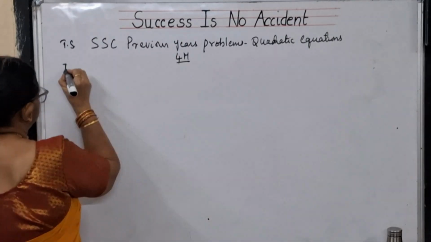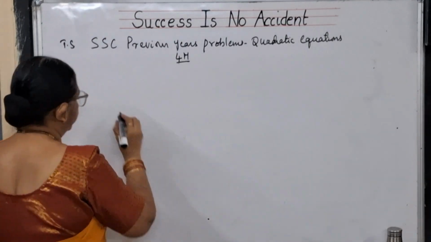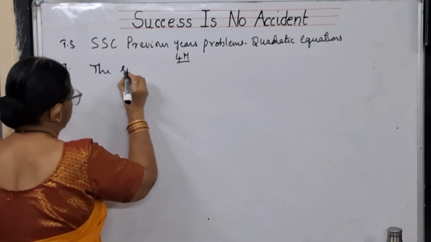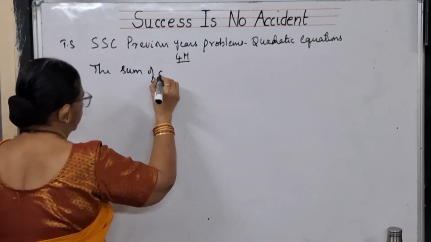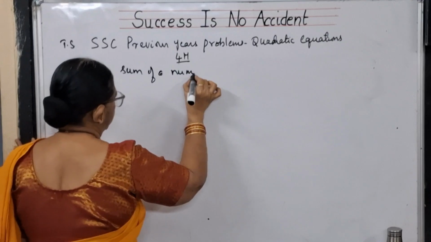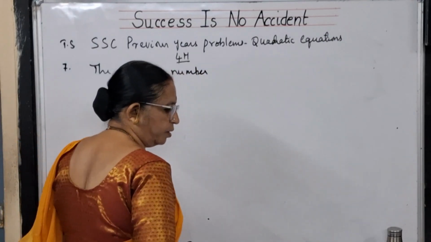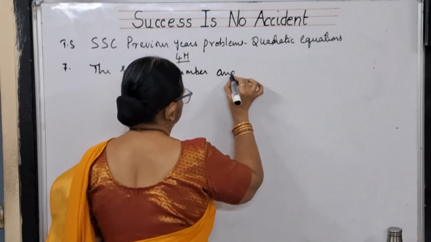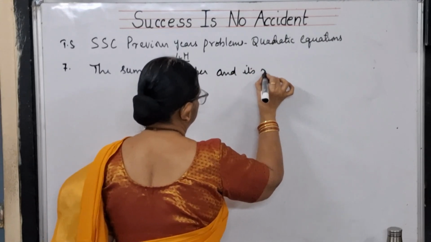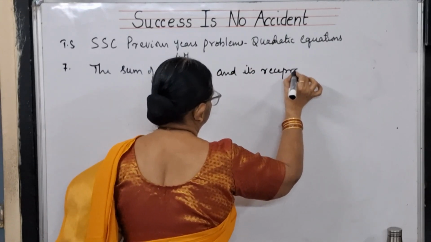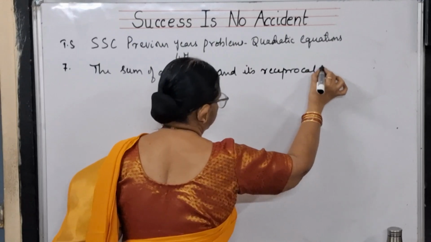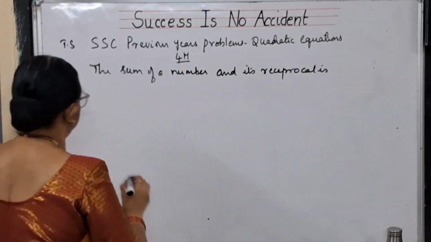Now, seventh problem. The sum of a number and its reciprocal is 10 by 3.